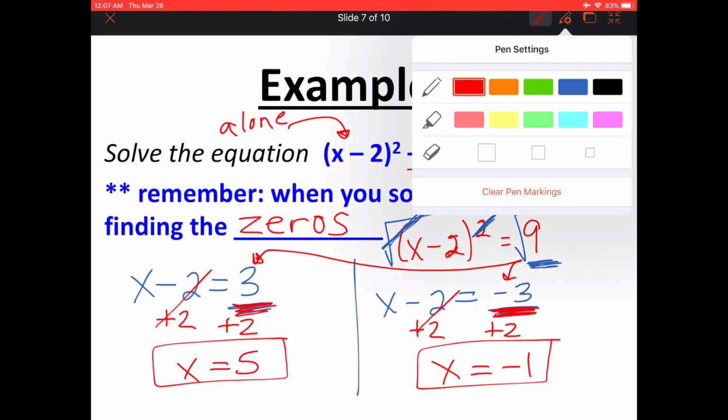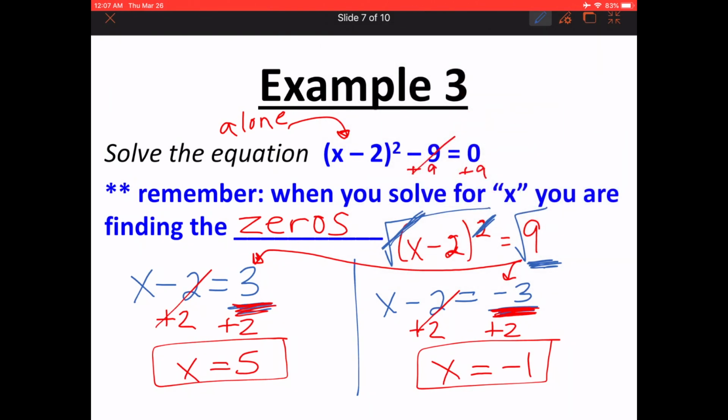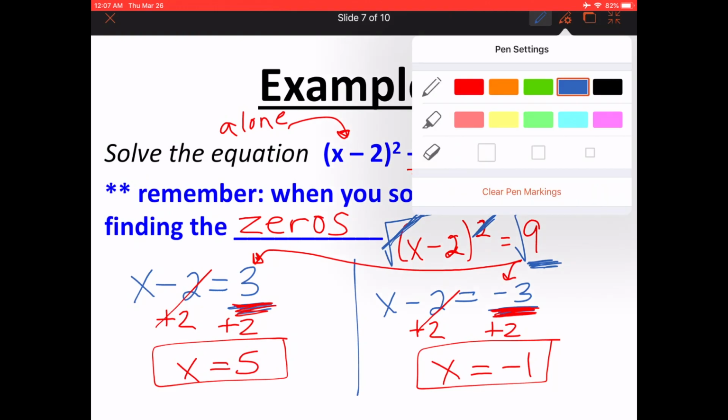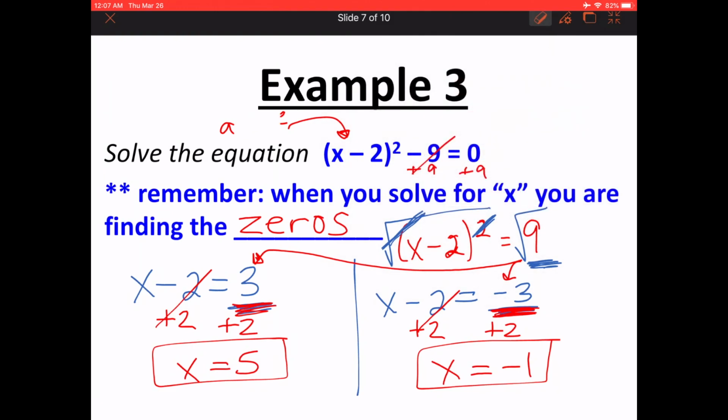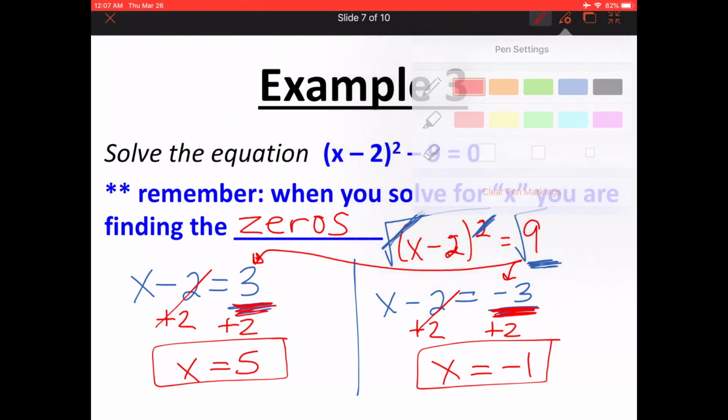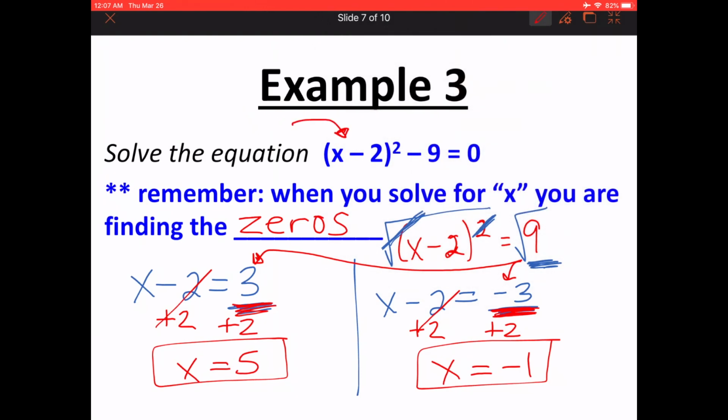And remember, how could you check your work if you wanted to? You could plug these back in to the original equation. So if I took this x equals 5, and let me erase a little bit here at the top. So if I took that 5 and I plugged it up here at the top, right? If I got x equals 5, I should be able to plug 5 in, and my answer should be 0.